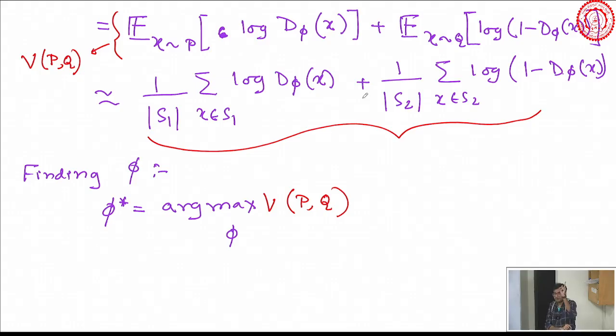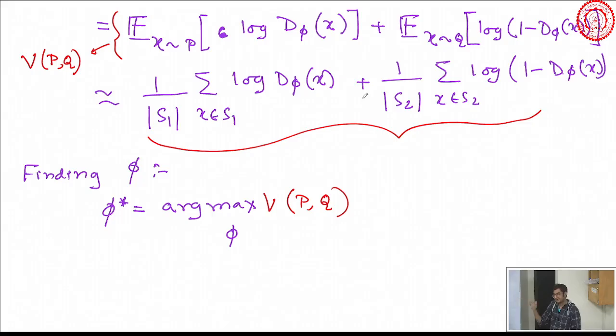The first term is p data multiplied by log of D phi. Its derivative with respect to D phi is p data divided by D phi. The second term is p theta divided by 1 minus D phi, and a minus sign comes in because of the 1 minus, and this should be equal to 0.